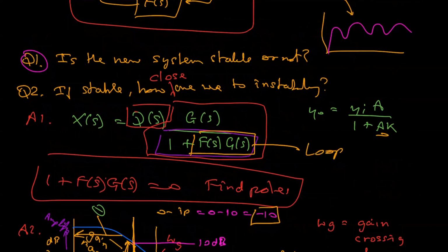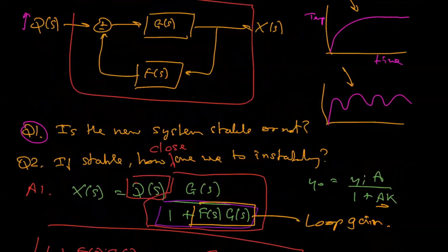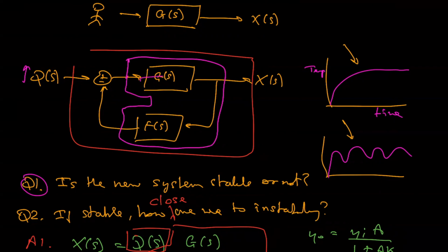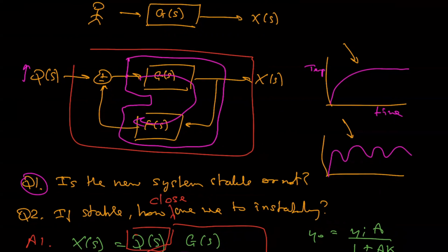That's the loop gain. That's the critical piece. It's how much phase shift you get in that portion, which is basically this bit. So the loop gain is basically this bit, that bit.